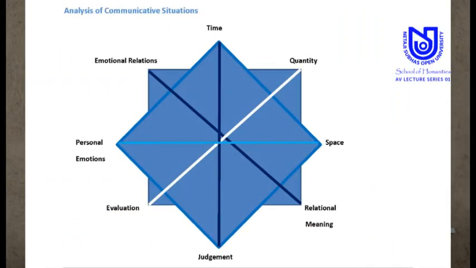So for analyzing communicative situations, the first one is time, then we have quantity, then space, then relational meaning, judgment, evaluation, personal emotions and emotional relations. So these are all joined. So time and judgment are joined, evaluation and quantity are joined, relational meaning and emotional relations are linked, personal emotions and space are also linked.